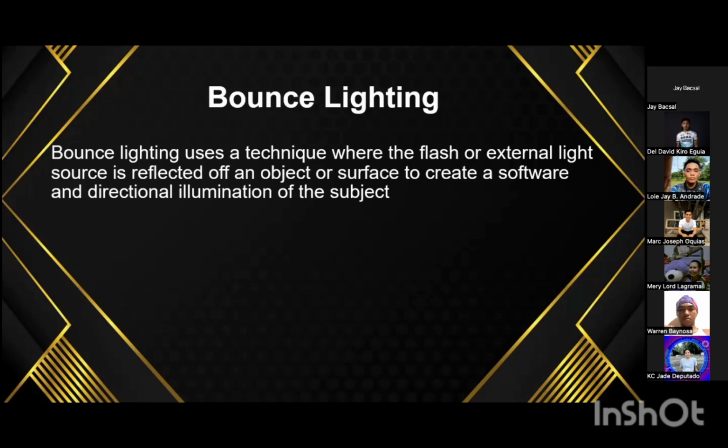This technique is often used in photography and video production to create a soft and natural looking light that is more flattering to the subject. Overall, bounce lighting is a versatile technique that can produce a natural and flattering look for a variety of subjects and settings. Next, please.